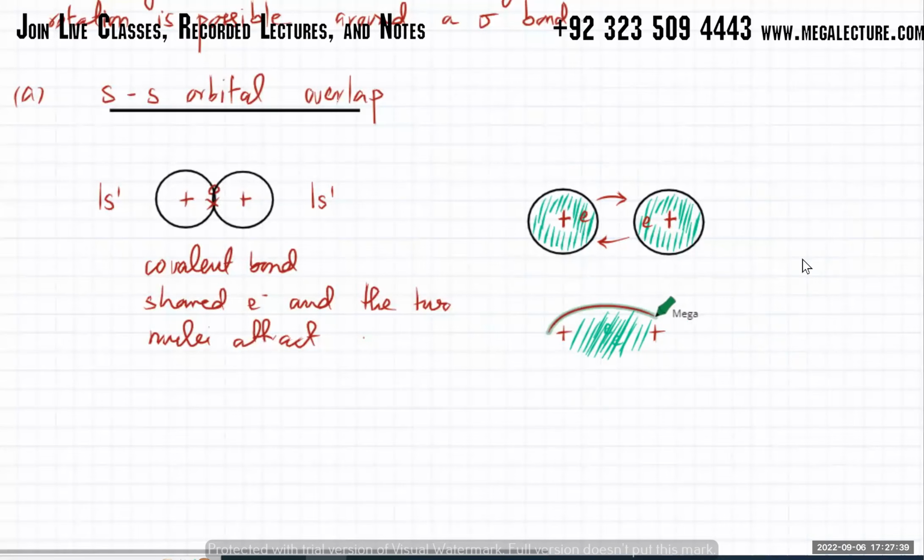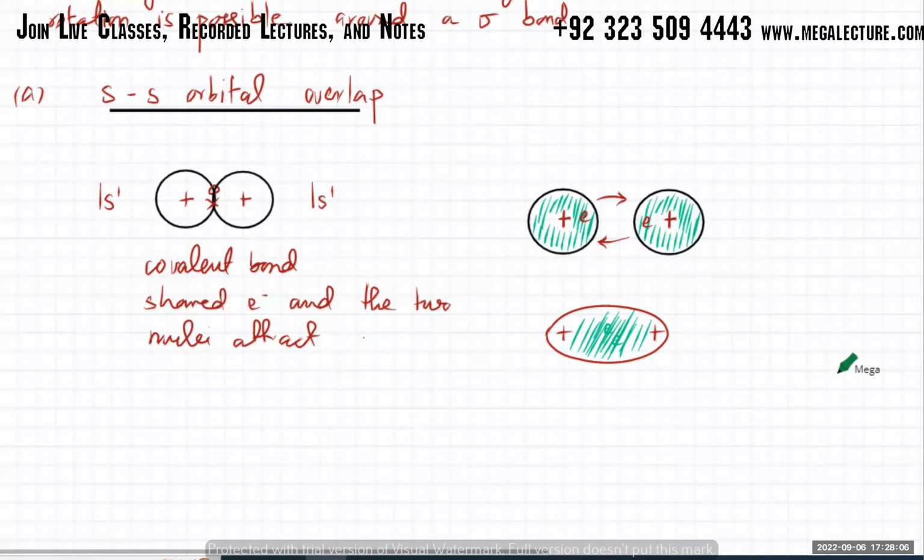And that will result in the creation of a new bonding orbital that's known as a sigma bond. So that results in the formation of this bonding orbital, because both electrons have merged together and the negative charge is now stuck in the middle part. This nucleus is attracting, and this nucleus is attracting too, so the negative charge is stuck in the middle. Is that clear?